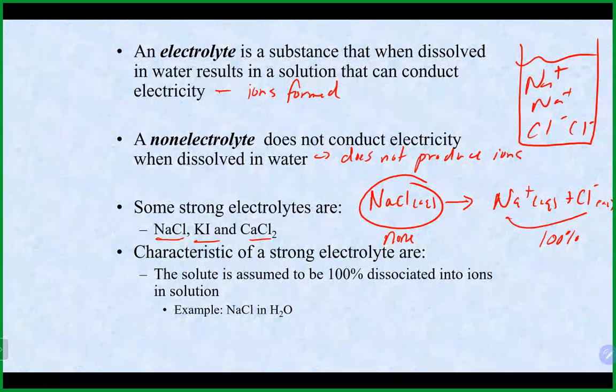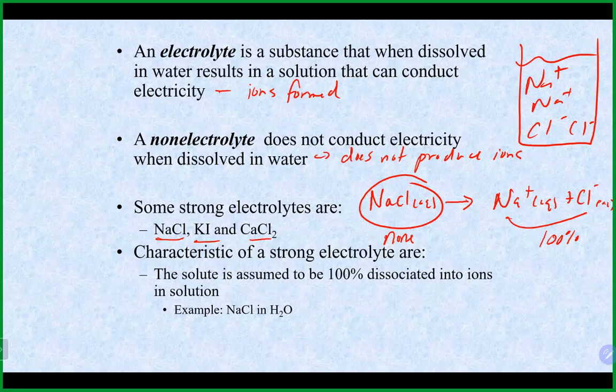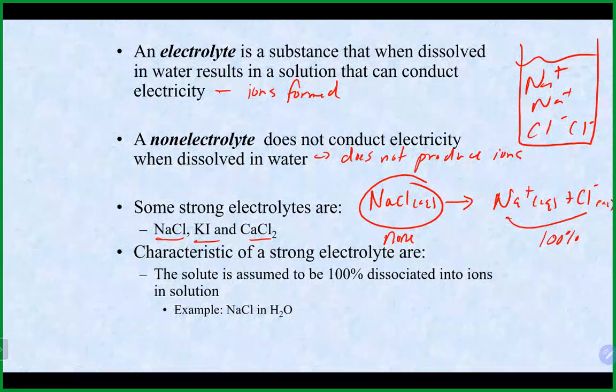Commonly as well, strong acids and strong bases are also strong electrolytes. So if you have a strong acid in solution or a strong base in solution, it also will 100% break apart into ions. And that's really why it is considered a strong acid or a strong base. Something like hydrochloric acid will completely break apart into H plus and Cl minus.